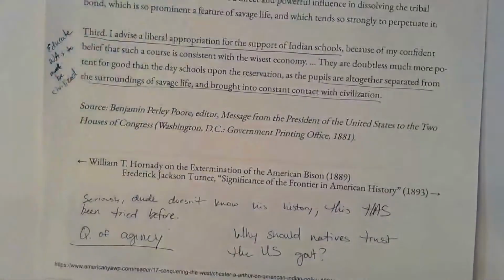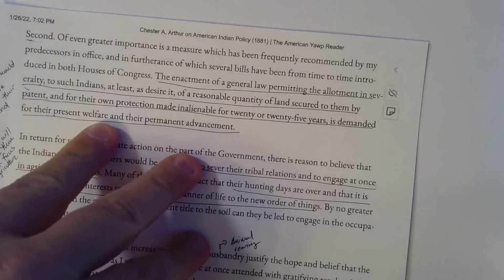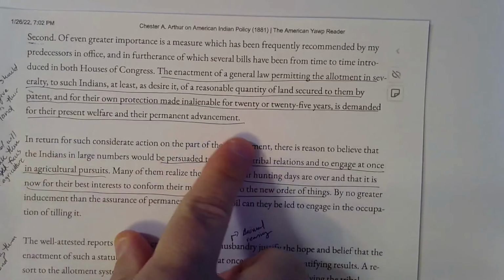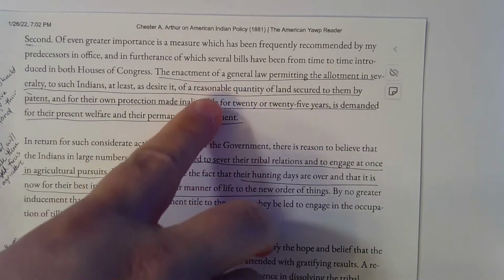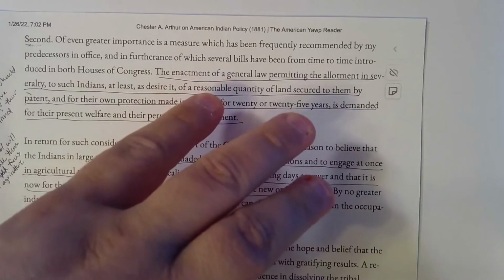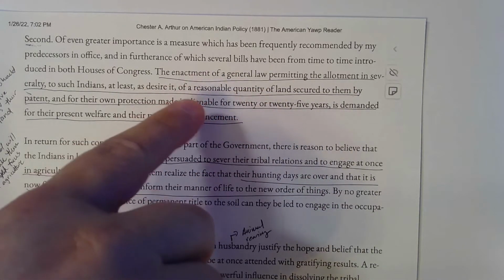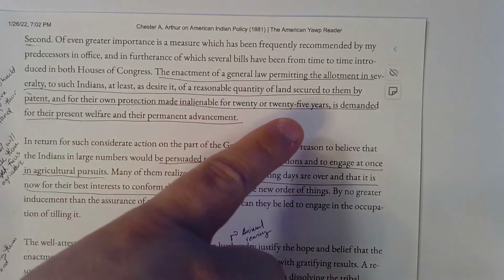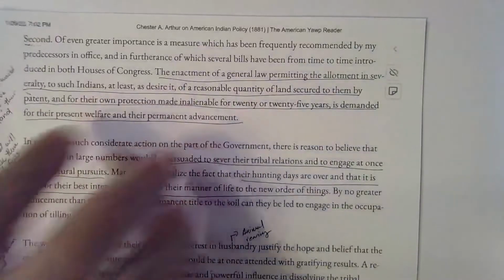The second thing that they're going to do, or his suggestion is to enact a general law, just a whole federal law that says, okay, for 20 to 25 years, you Native Americans get this plot of land.